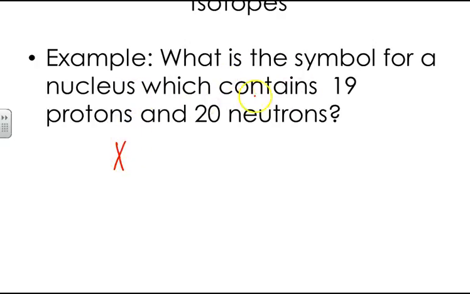It has 19 protons, so its atomic number, Z, is equal to 19, and its mass number A is going to be the sum of the number of protons, 19, plus the number of neutrons, 20, and that's going to be equal to 39. So the way we would put this in the symbol is that we would have X, the mass number of 39, and an atomic number of 19.